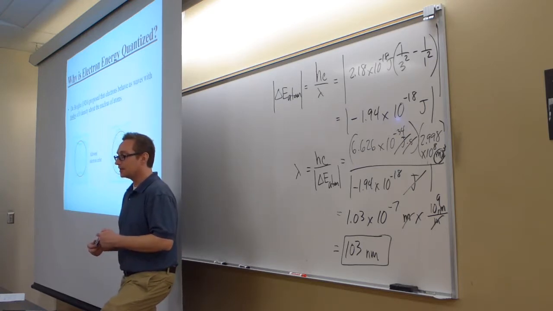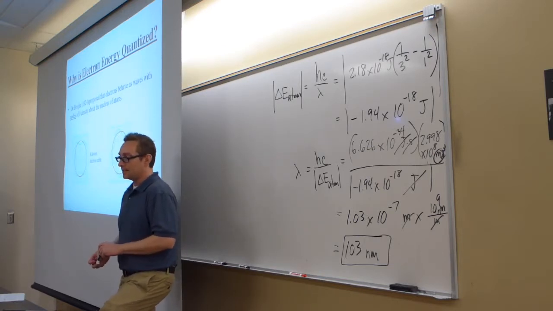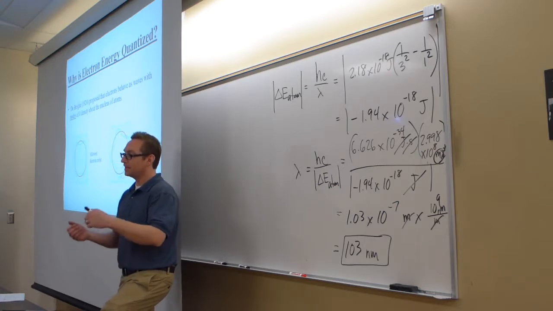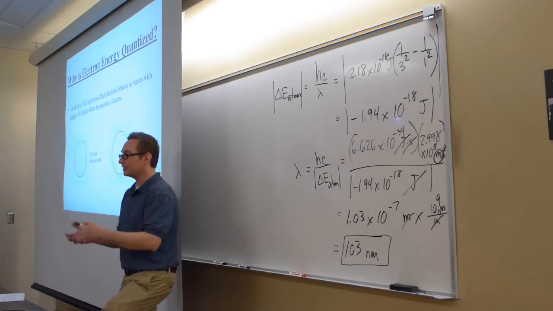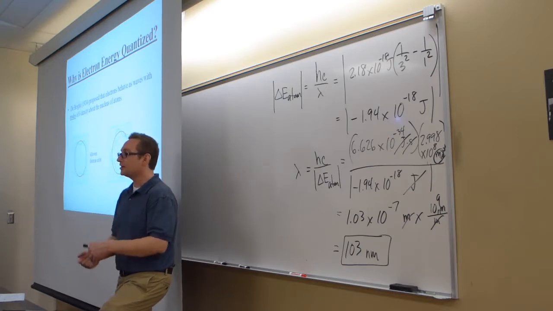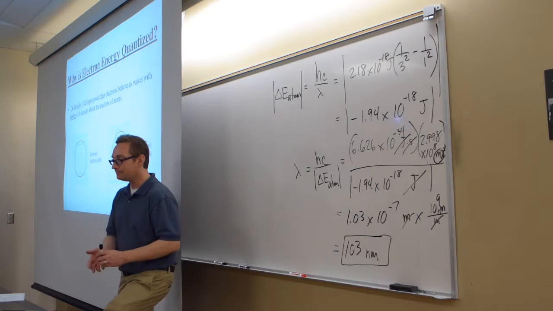That's assuming that electrons behave as particles. So here's the thing. If light is quantized in its energy, and it also behaves as a wave, and electrons are also quantized in their energies, do they also behave as waves? And that was the question of the day.